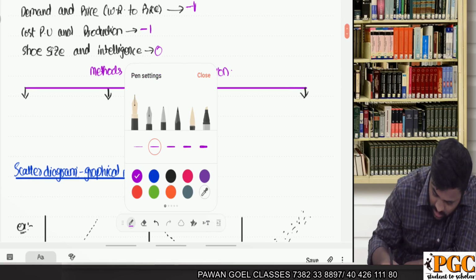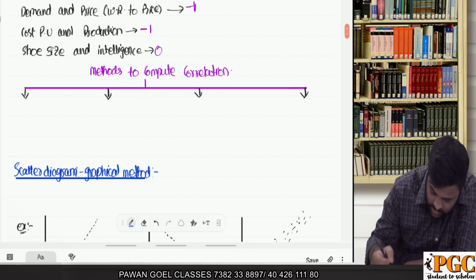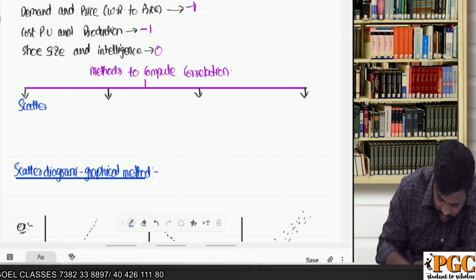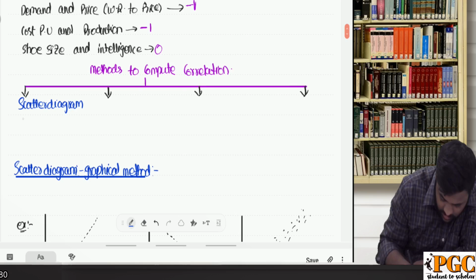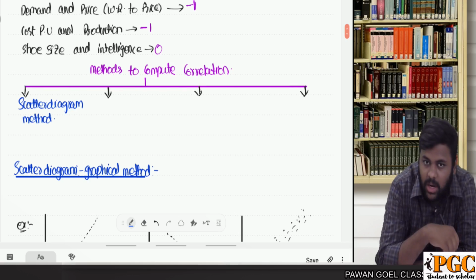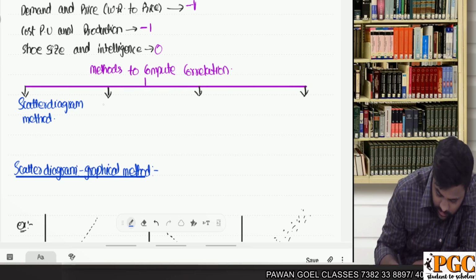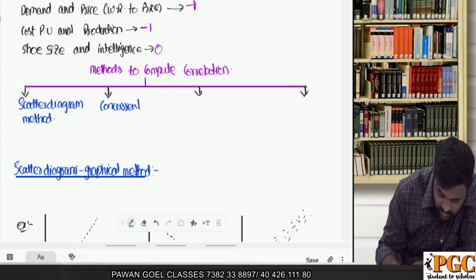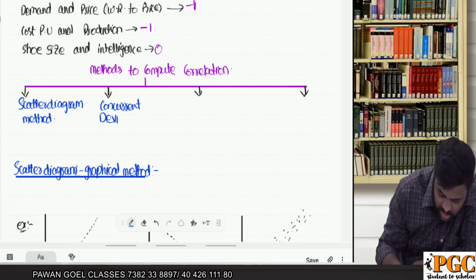The first method we have is called the scatter diagram method. The second method we have is the concurrent deviation method.